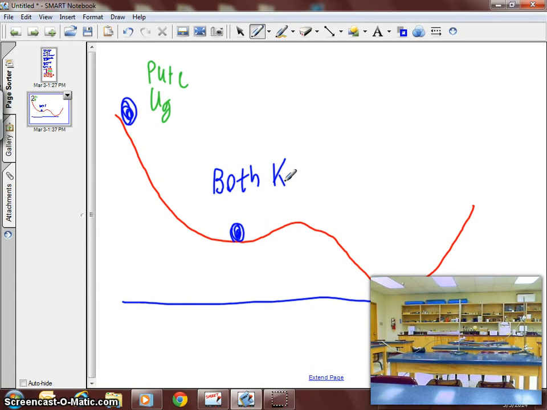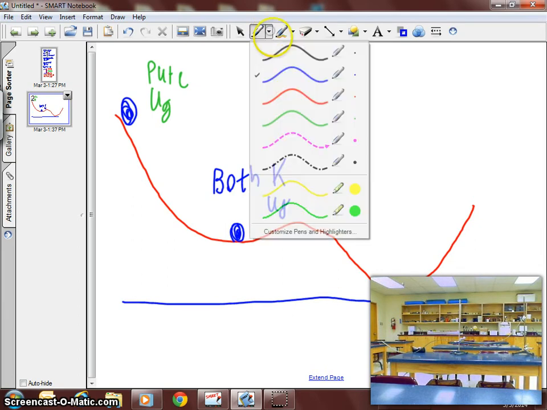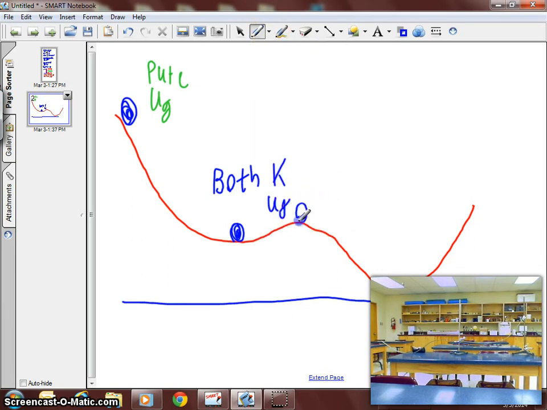The kinetic energy is fairly high there, but we also have gravitational potential energy. When the ball goes on the top of that little bump, we have kinetic energy and gravitational potential, but the kinetic energy was reduced some with the gain in the gravitational potential energy.